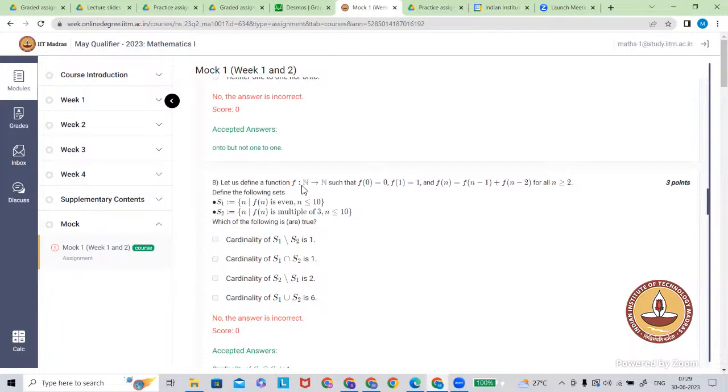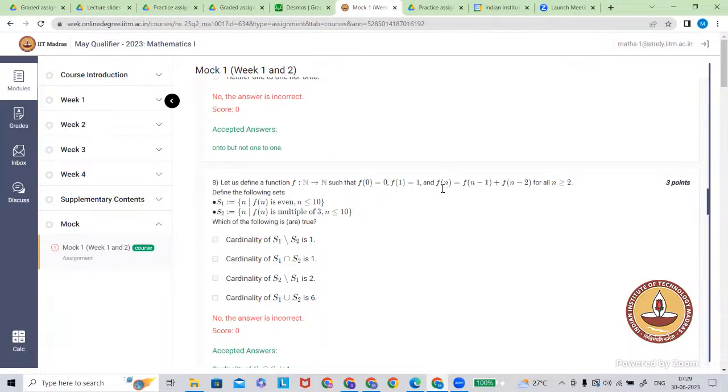In this question, you have a function from natural numbers to natural numbers. The values f0, f1 are given. S1 is the set of natural numbers n for which f(n) gives an even number, and S2 is the set of natural numbers for which the function value is a multiple of 3, with all n less than a bound. One by one you just need to calculate. f0 and f1 are given.